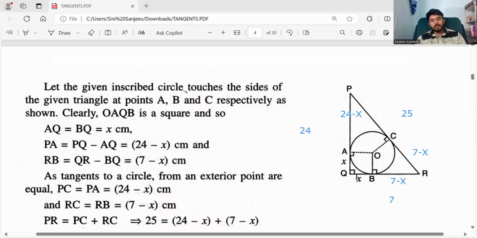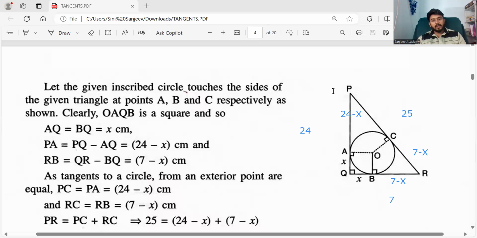So I have to find what? If I just find out the radius here, X value, correct? OA and OB. So up to this, we have to make sure we do it properly. Either you can put PC as 24 minus X and this total is 25. Correct? So if I add the things, I should be getting 25.